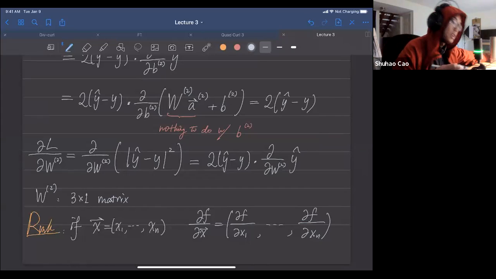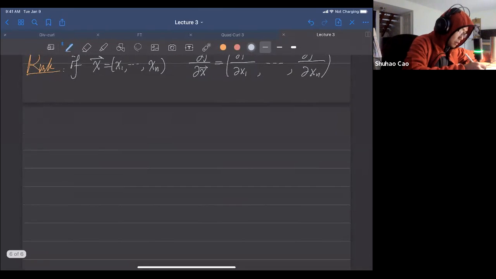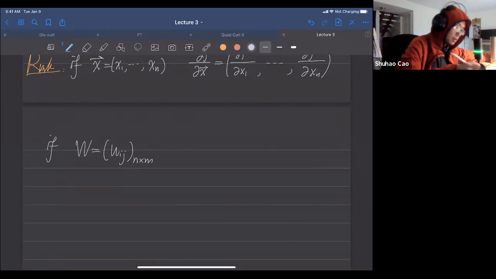In the context of a neural network, if W equals Wij and this is an m by n matrix, then partial f partial W is also a matrix.